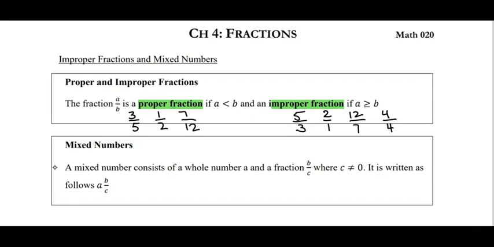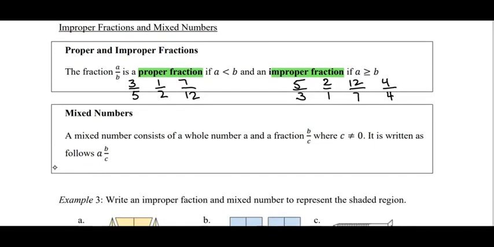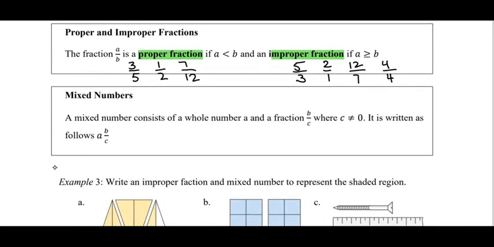And then we have the concept of the mixed number. Sometimes we have a whole number followed by a fraction part. We call that a mixed number, a combination of a whole number and a fraction. A mixed number consists of a whole number, a, and a fraction, b over c, where c is not equal to 0 because we can't divide by 0.